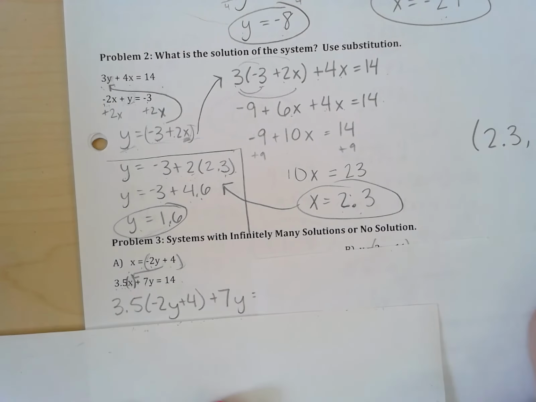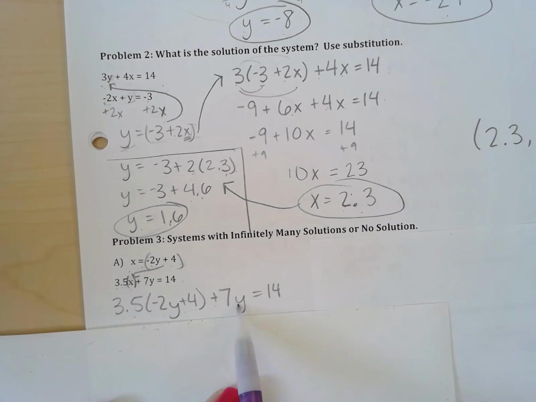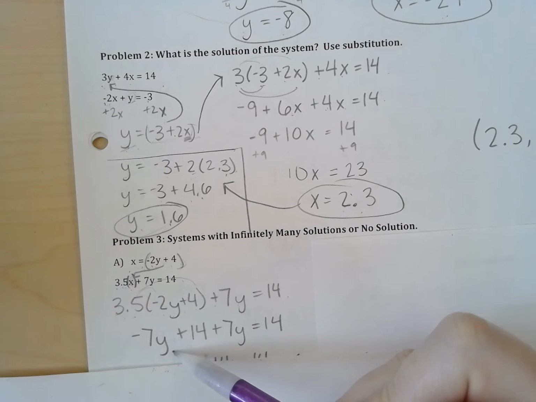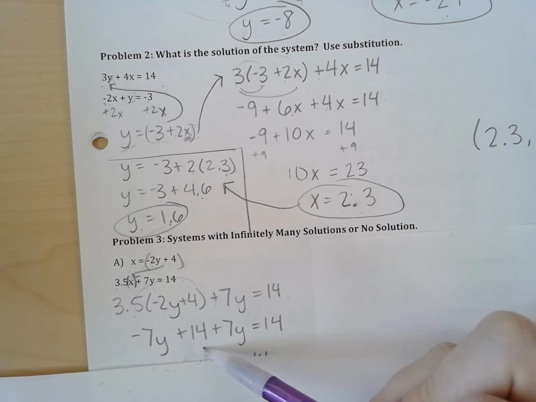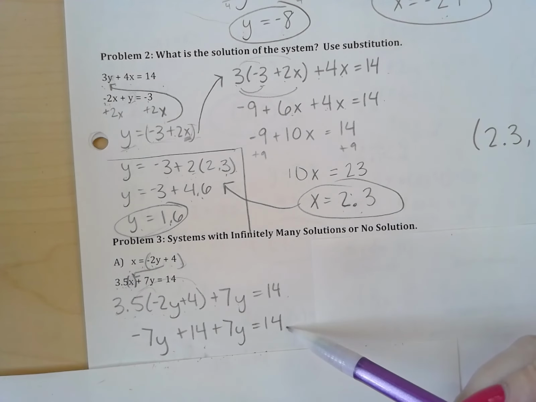So when I do that, my equation now looks like 3.5 times negative 2y plus 4 plus 7y equals 14. My next step is to distribute. 3.5 gets distributed in. So I get negative 7y plus 14 plus 7y equals 14.